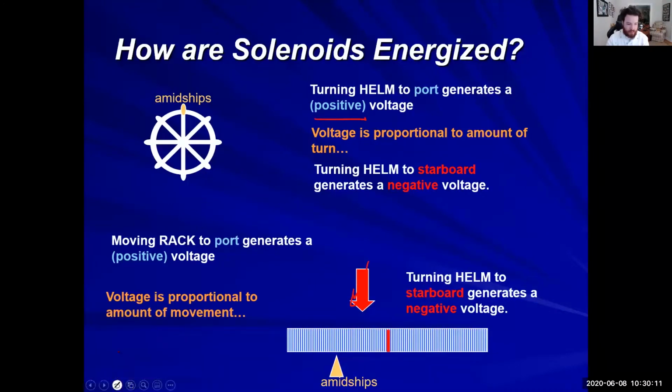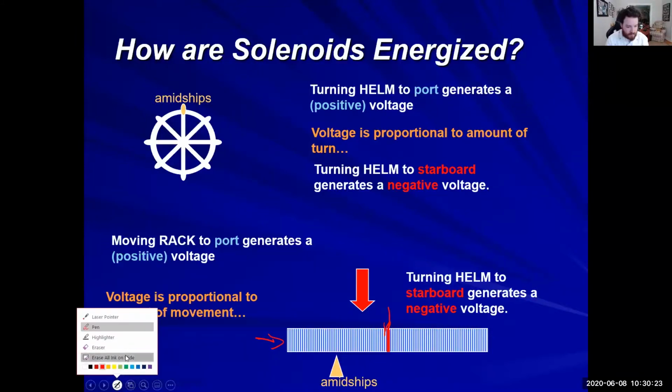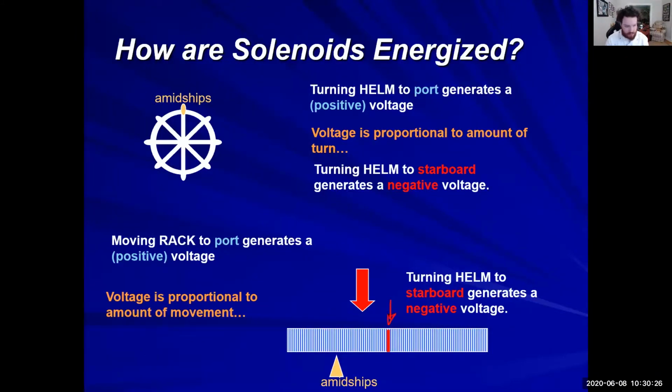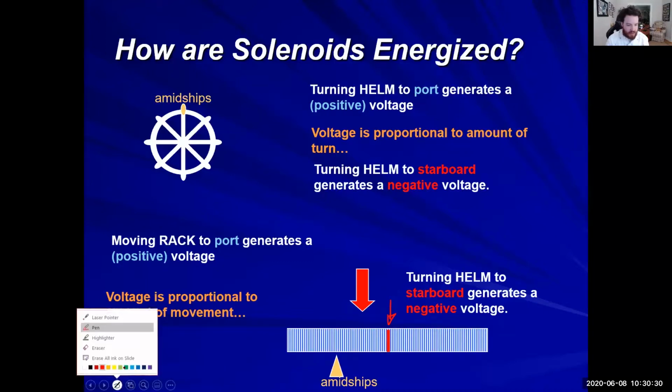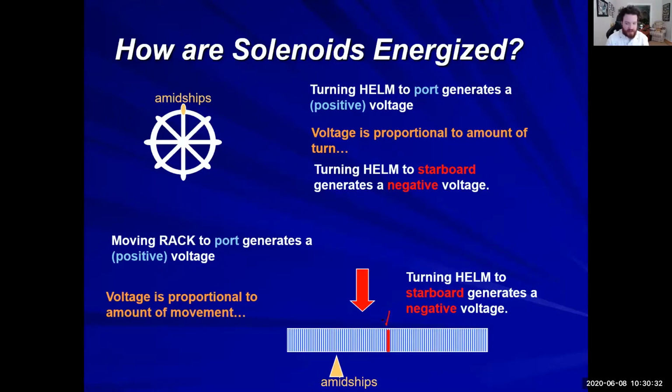With this rack, what does this little red line right here mean? Ellie's saying it's the zero point. That's correct. That is where our rudder will be at center line. We don't have a port or starboard rudder at all.